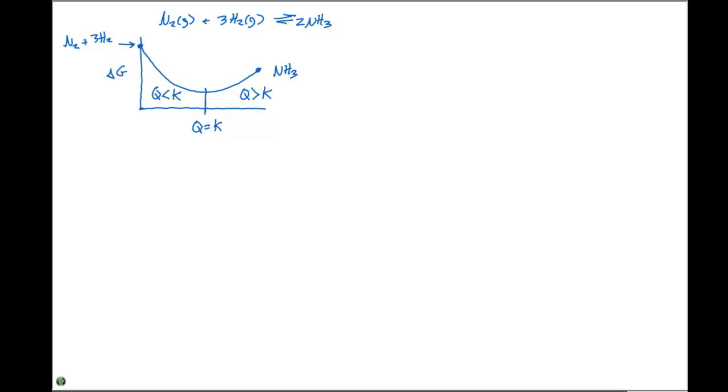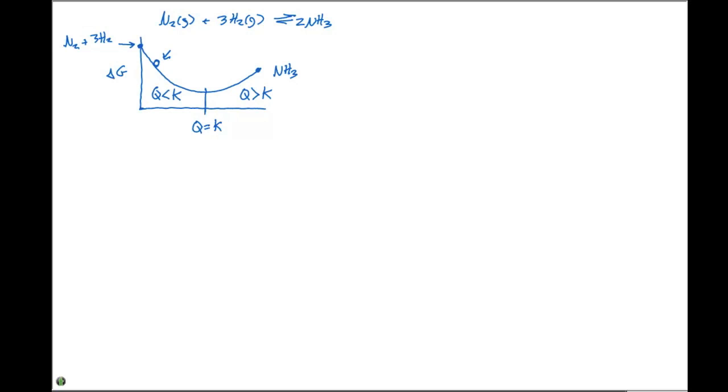So the question is, how is a reaction going to proceed if we're at a particular point on this curve? If you think about placing a marble in here, how are we going to proceed? If we're over here at this point, we're going to have an excess amount of nitrogen and hydrogen.